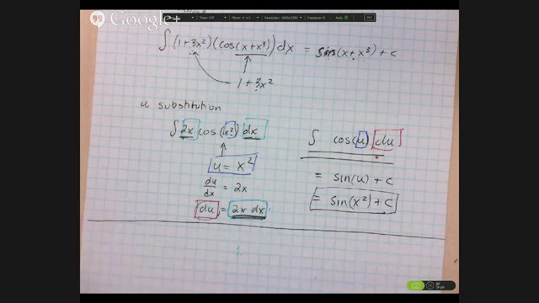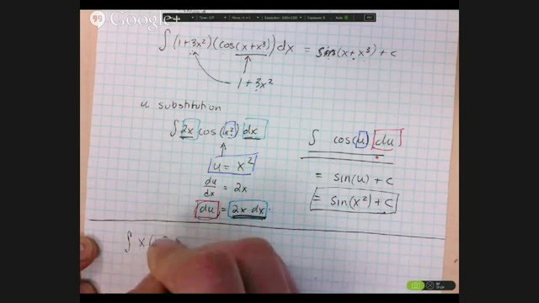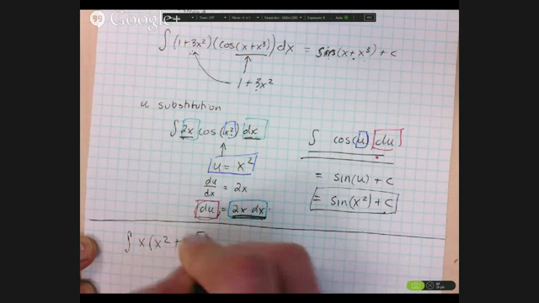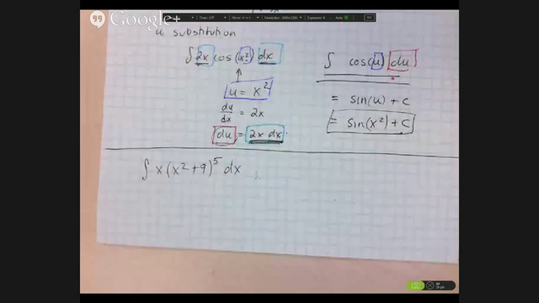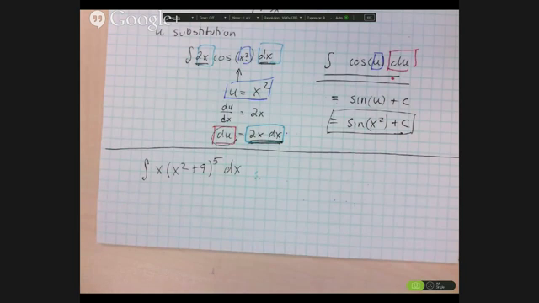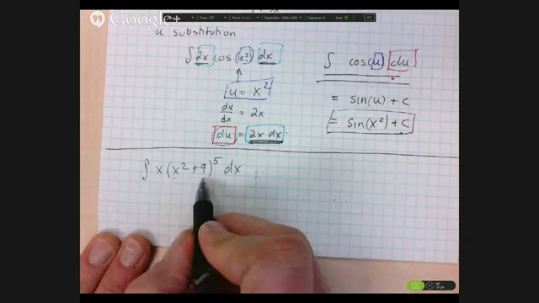Let's try another one. All right, so what's the derivative? 2x.